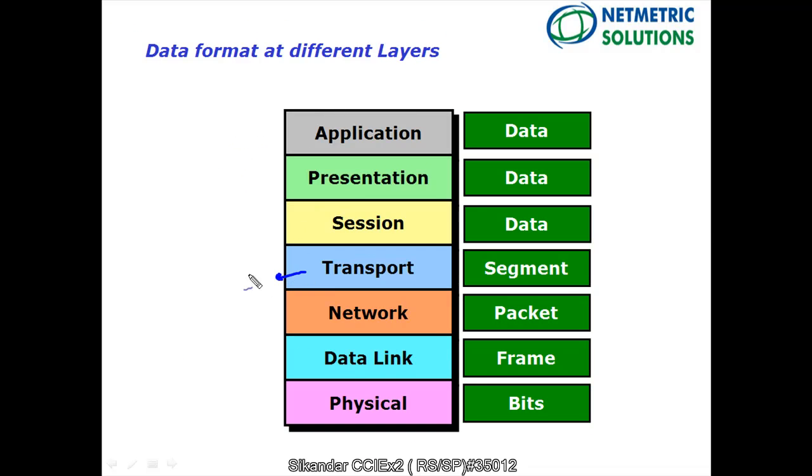When it reaches the transport layer, the data you are sending will be added with some extra header information, just like an extra sticker or extra paper added to the existing information. This header has information about sequence numbers.